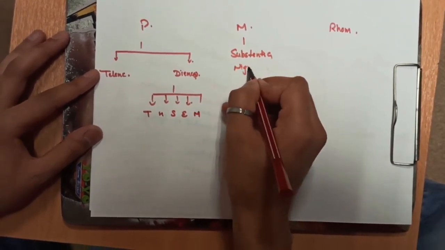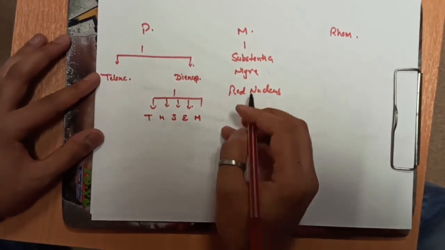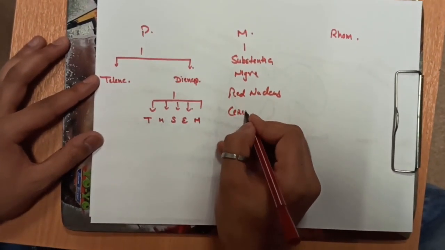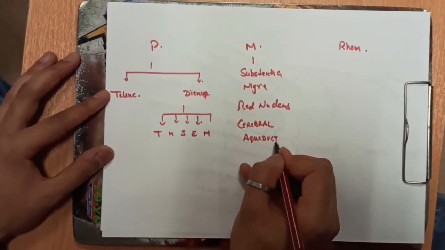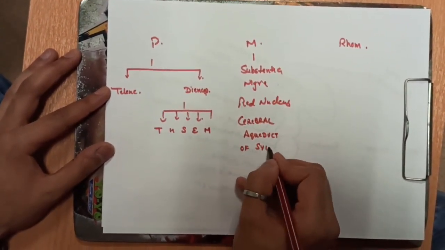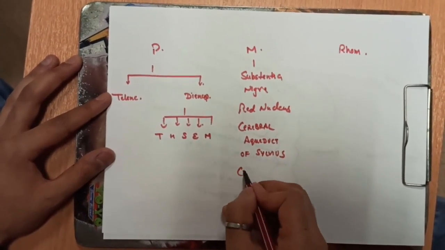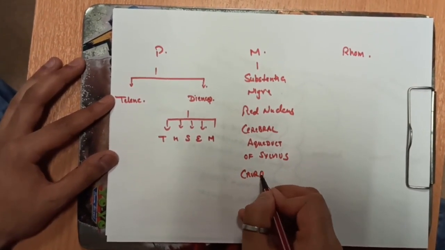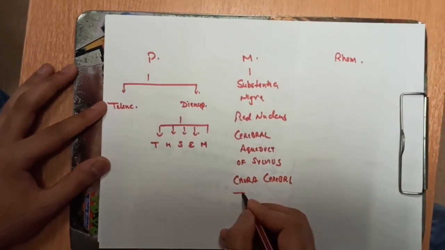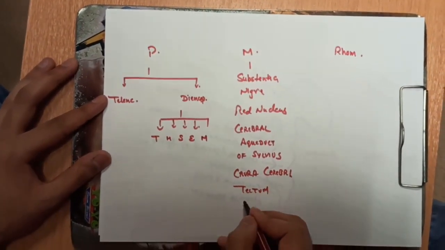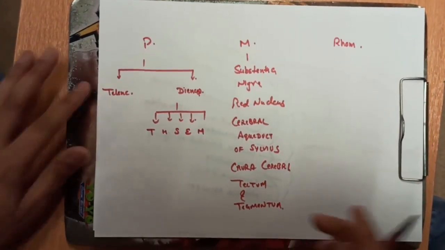Mesencephalon, already discussed: substantia nigra, red nucleus, cerebral aqueduct of Sylvius, the crura cerebri or crus cerebri, tectum and tegmentum.